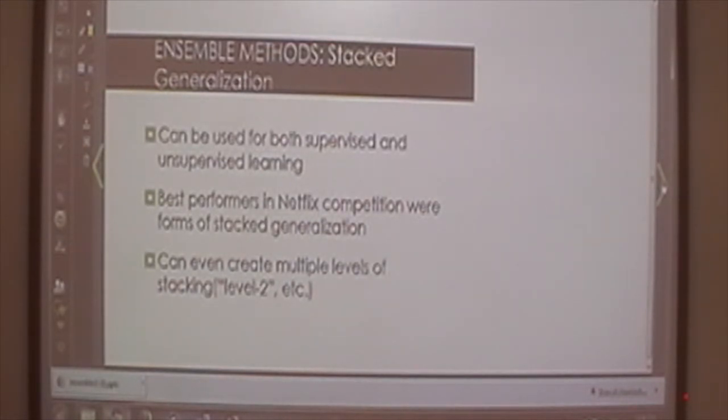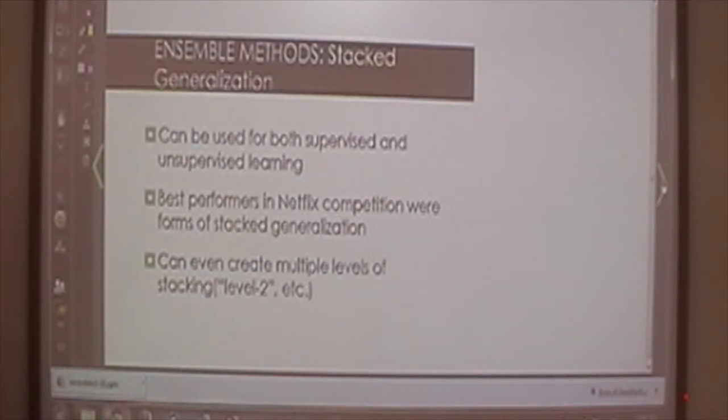But some characteristics of stack generalization, it can be used both in a supervised manner or unsupervised manner. And I don't know if anybody remembers, a number of years ago, Netflix had a competition for the recommender system for, you know, if people are familiar with Netflix, and you rate the films that you watch. And what does Netflix do with that?